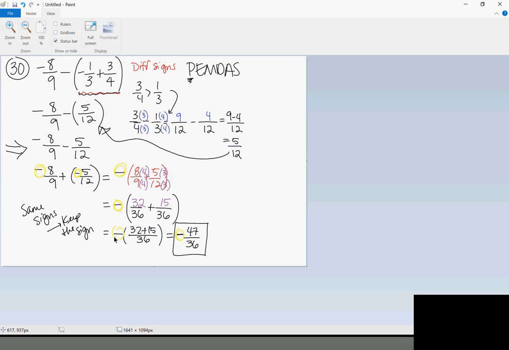So I have that negative on the outside the whole time just to symbolize that, so we don't forget it. And so we now add 8 over 9 plus 5 over 12. We got common denominators, and we end up with 47 over 36. But remember, it's negative 47 over 36. Okay, so that was fun.